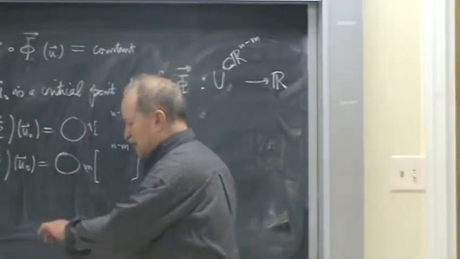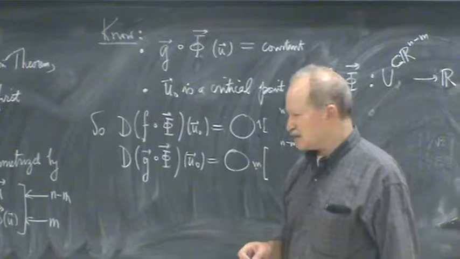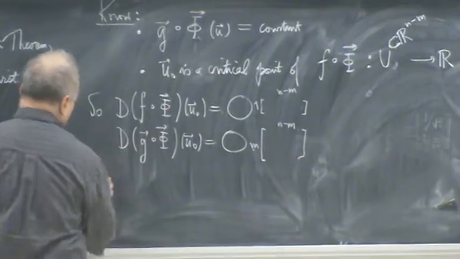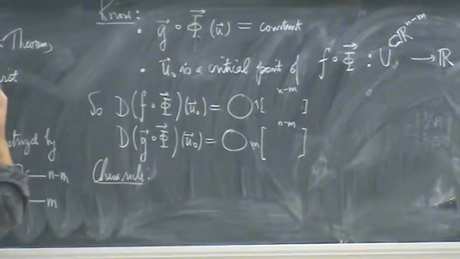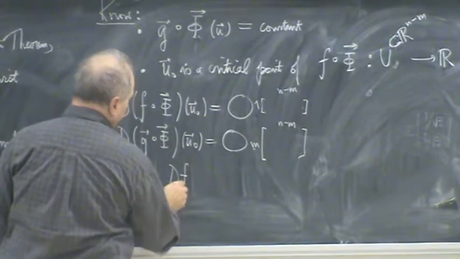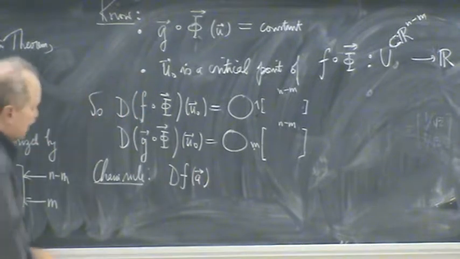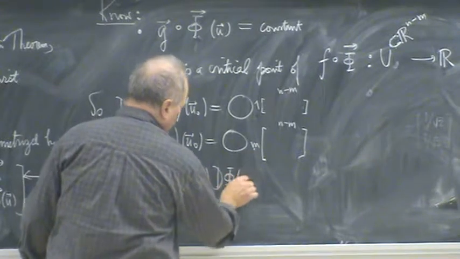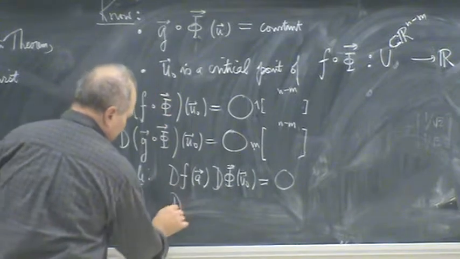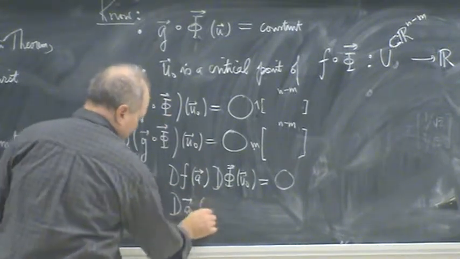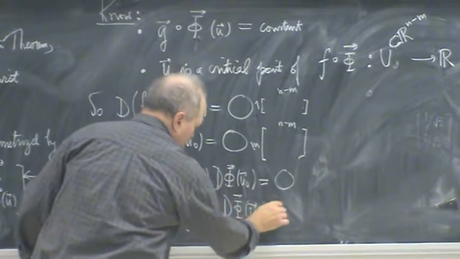But all right, so we're almost at the end. You just need a little bit of cool linear algebra here. How do I do the derivative of compositions? Chain rule. So the chain rule says df at phi of u naught, that's A, times d phi at u naught is the zero matrix, and dg at A times d phi at u naught is the zero matrix.